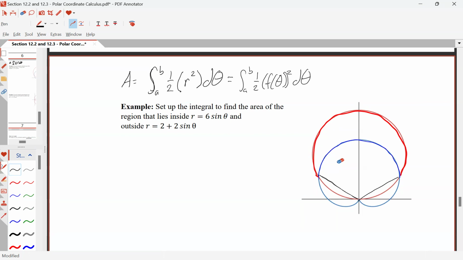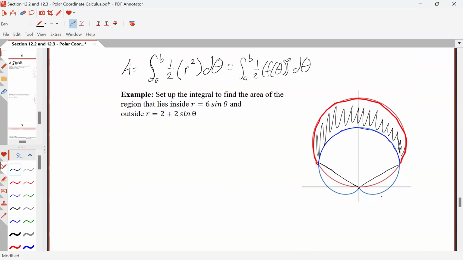And if I just wanted to find the area inside the blue circle, I could do the integral of 1/2 (2 plus 2 sine theta) squared, and it would find the area inside the blue circle. And subtracting those two areas would give the area that's left.